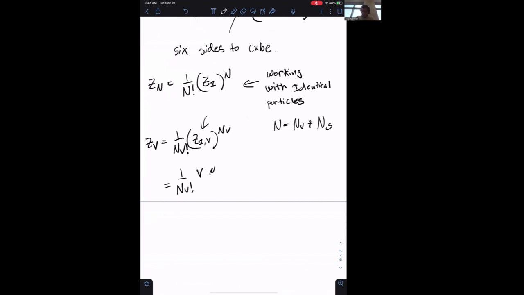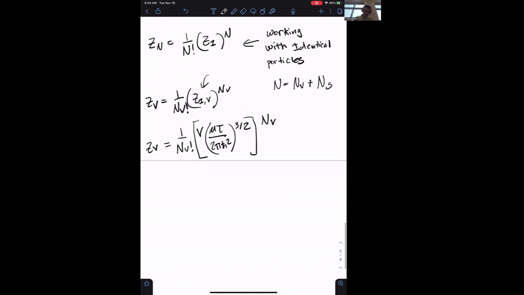And doing something very similar for the partition function of the particles on the surface, it's gonna look almost exactly the same.